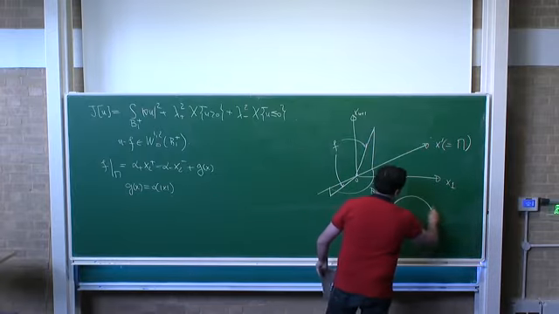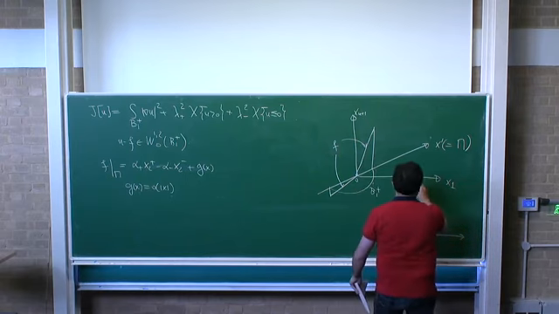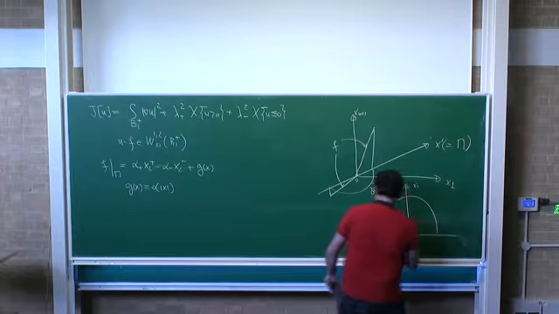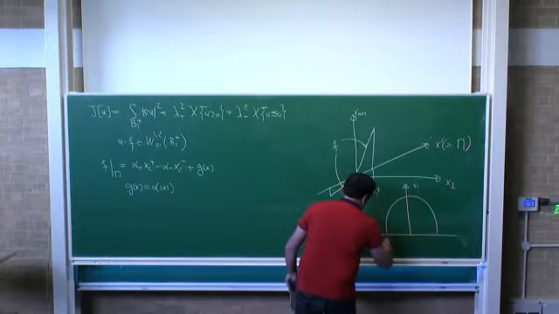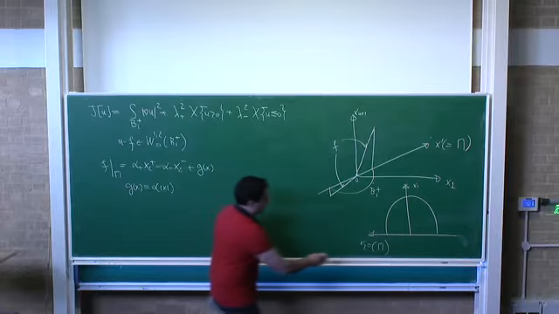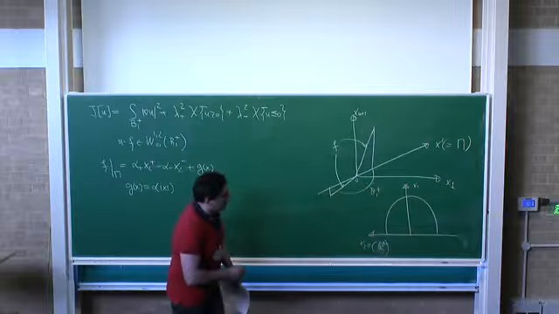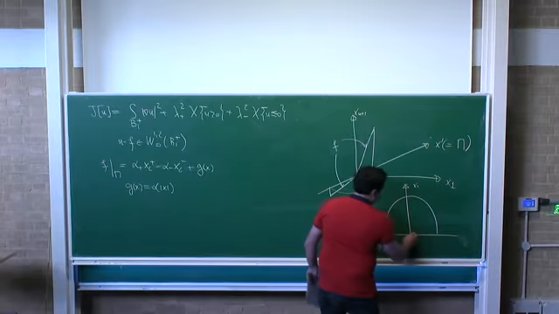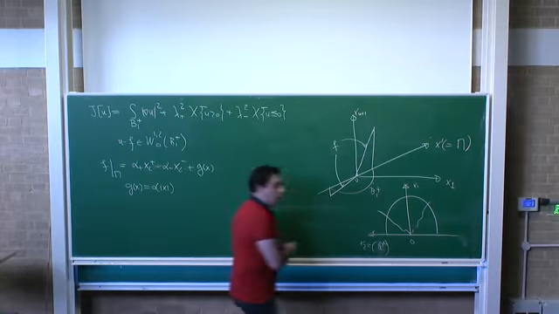In other words, let me draw another picture, an n-dimensional picture. This is x1, and this is x2. You want to see what's the behavior of your free boundary near this origin.